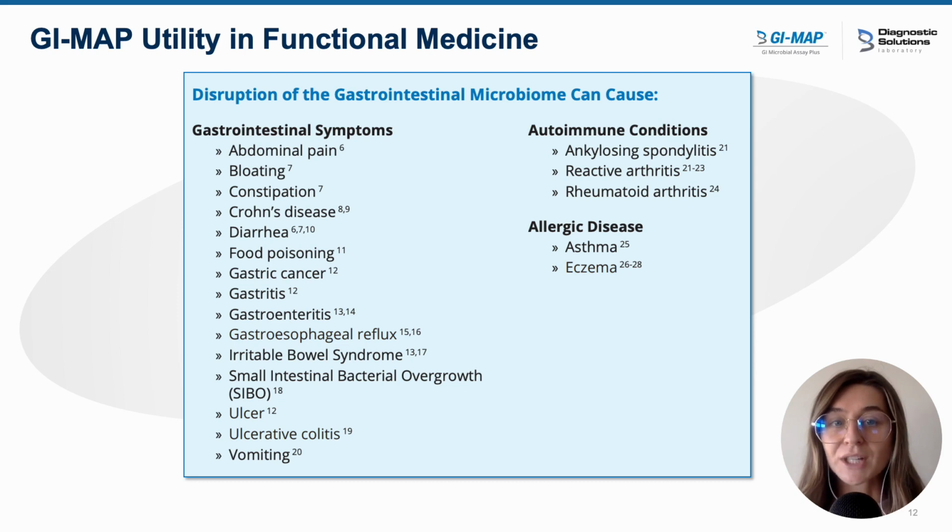So on this slide, you're going to see a list of GI symptoms, autoimmune conditions, and allergic diseases that would warrant a microbial analysis, such as abdominal pain, bloating, constipation, diarrhea, IBD, certain cancers, diagnosis of IBS, diagnosis of SIBO, rheumatoid arthritis, asthma, eczema. The list goes on and on. So in my opinion, my response is always: we should always be ordering a GI map.